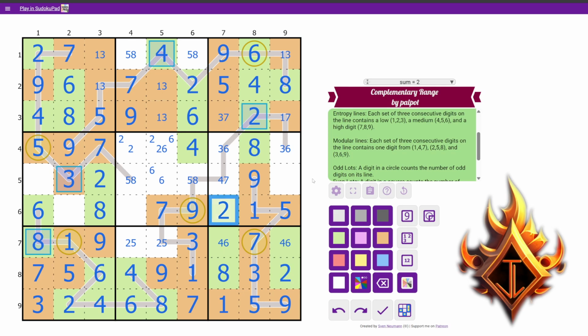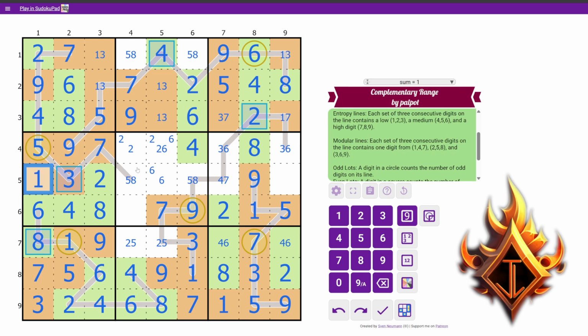That is even. 3, 3. This one has 5. It has all the evens in the column. So that will be the 4. Of course, Sudoku would have told me that also. That will be 1. Which I also think Sudoku would have told me.